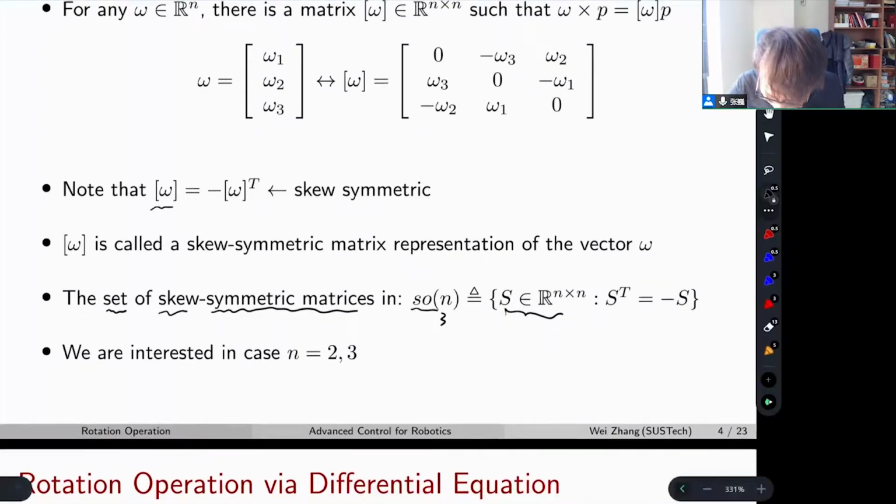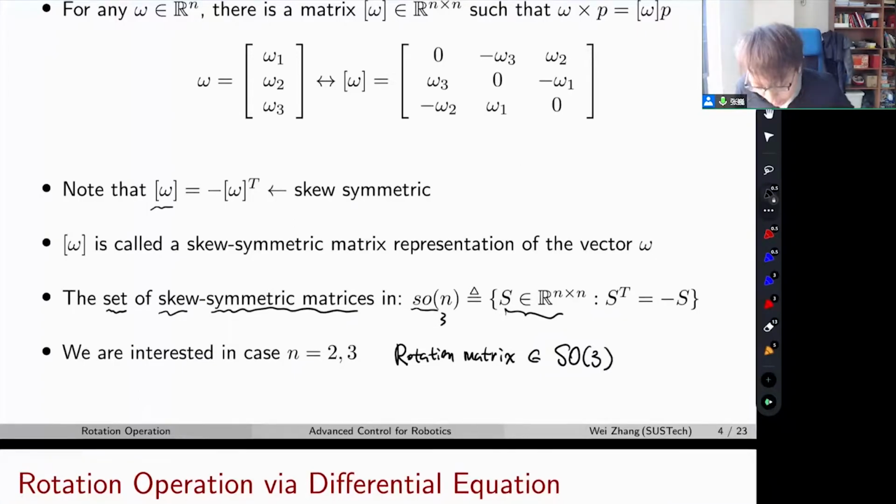If you remember, we say a rotation matrix belongs to capital SO(3), big SO(3). And a skew symmetric matrix is not a rotation matrix. It just represents the cross product.